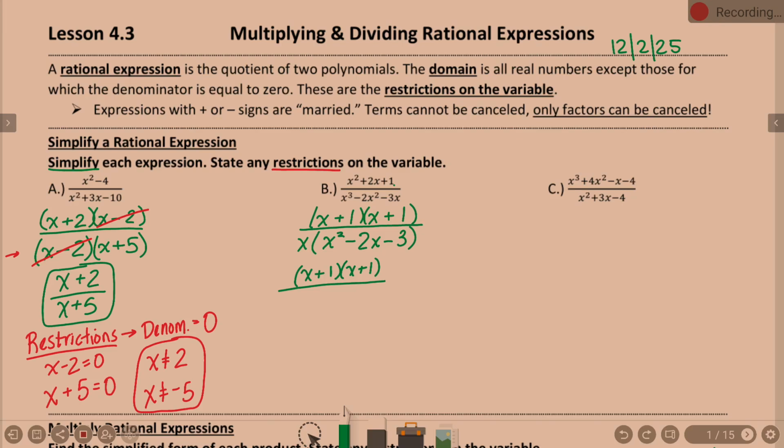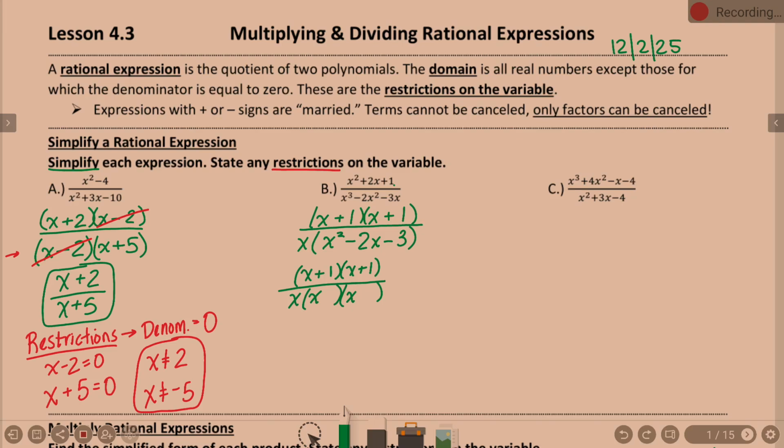What about that denominator? You've got an x out front. X squared minus 2x minus 3. What are you going to guess? Probably goes into two parentheses, yes? Let's try it. X squared, of course, is going to be x times x. What do we have happening here?